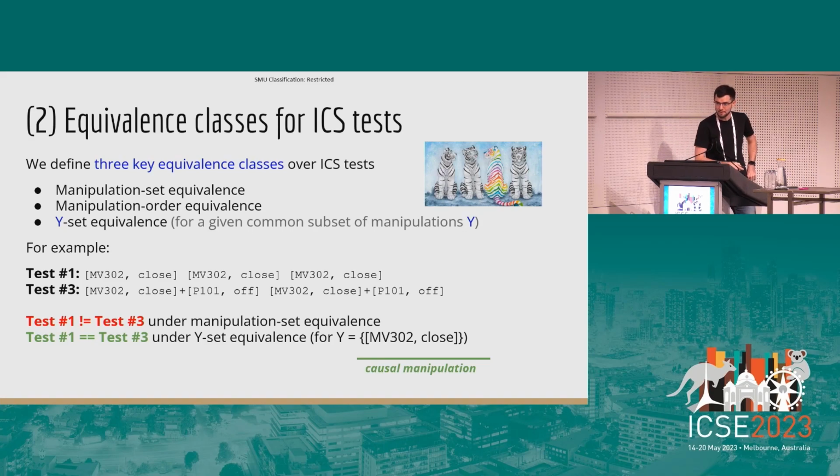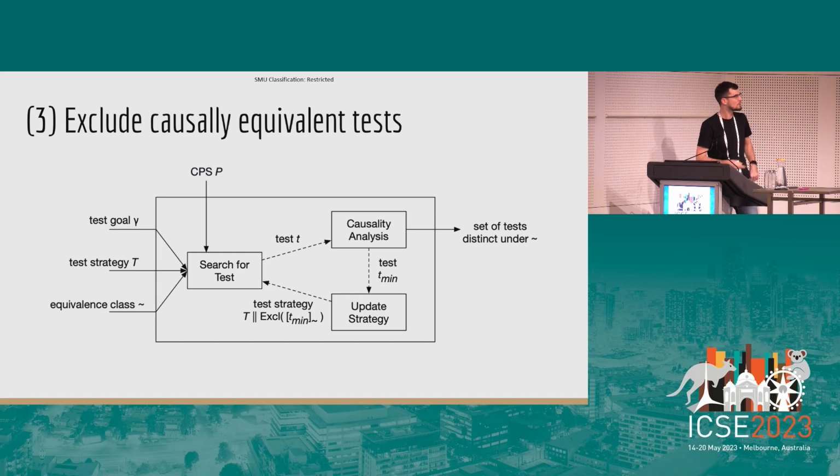So with all of these ingredients put together, essentially this is what then happens. We take a goal, like overflowing a tank or reducing the pressure. We take a testing strategy, so that labeled transition system. And we take an equivalence class, which defines, in our context, what we mean by different. And then when you're fuzzing, it takes these ingredients and tries to derive tests and execute them that can only be derived from that strategy.